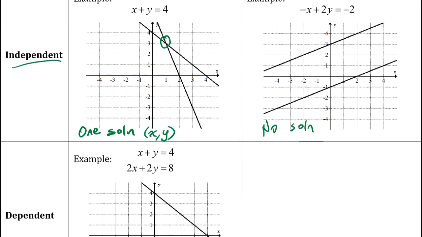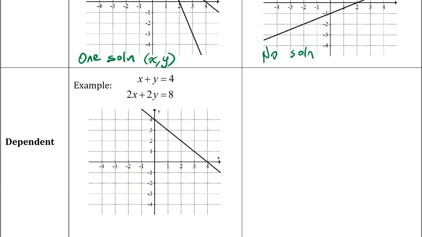All right, the third option. It's really hard to see on here, but here's what happened. We drew our first line right here, and whenever we graphed our second line, it actually ended up right on top of our first line.